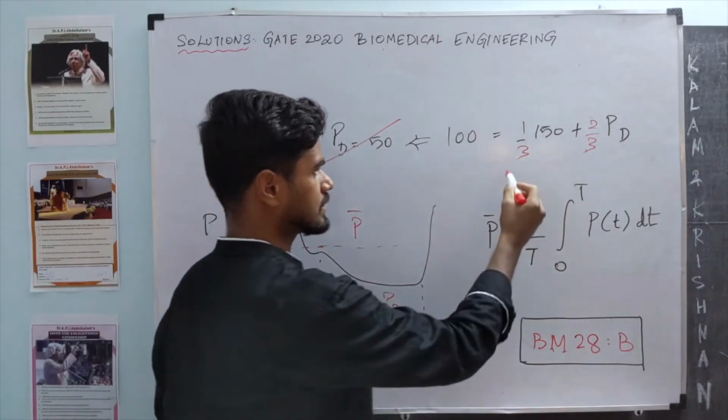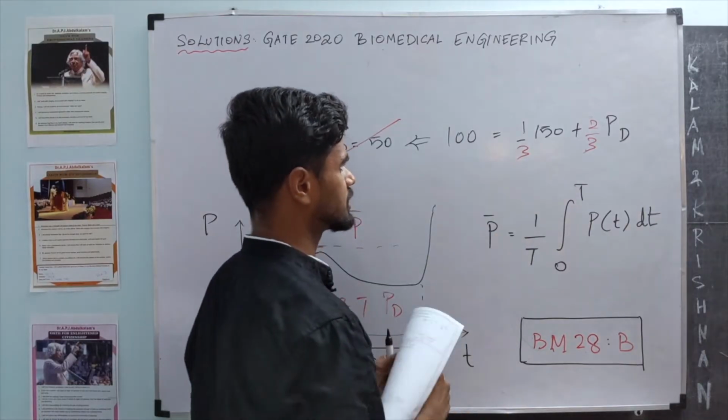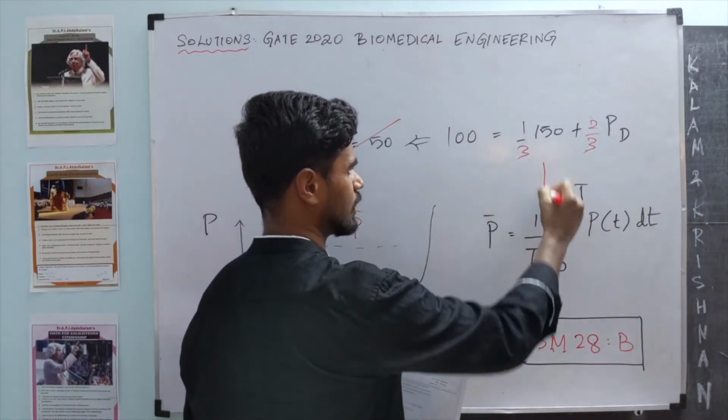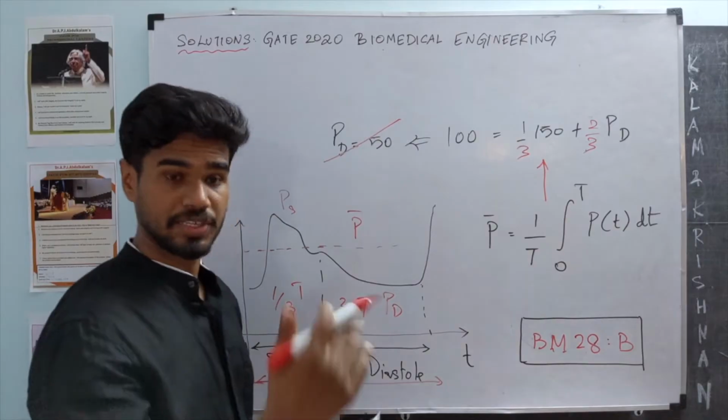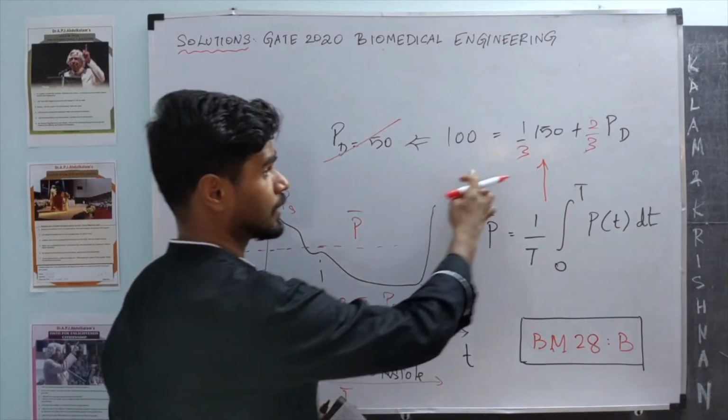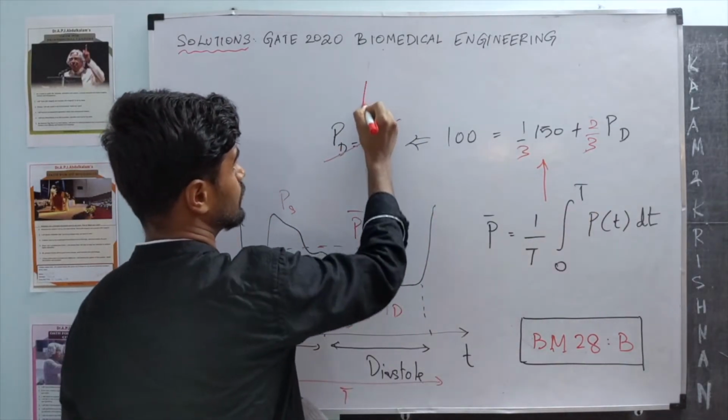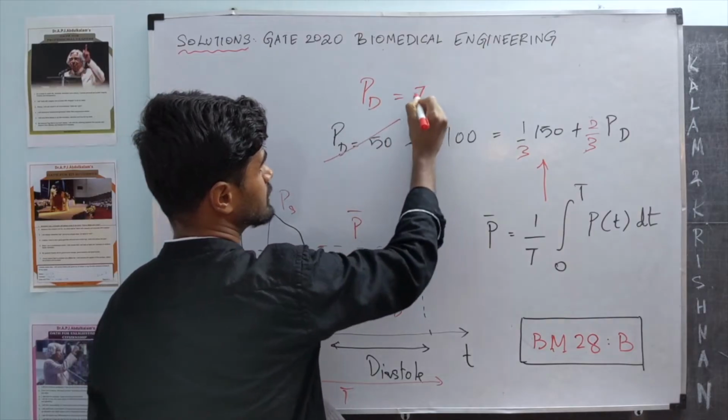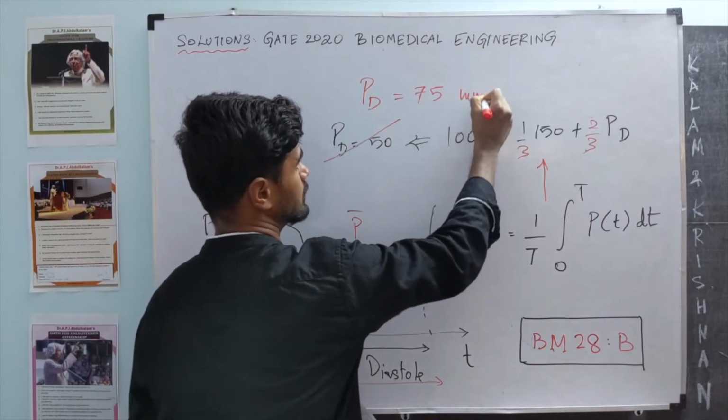This is a very good approximation for this integral over here. Based on that, let's go back and calculate what PD is. If you do that, your PD will turn out to be 75 mmHg.